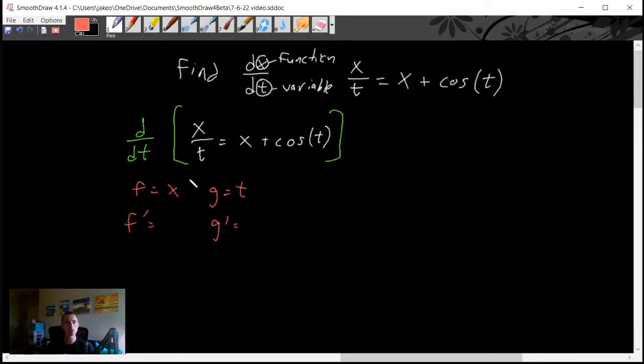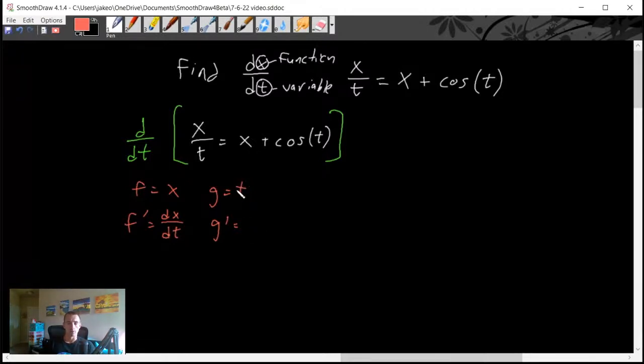If x is an unknown function of t and we take the derivative with respect to t, the derivative of x is just going to be the derivative of x with respect to t. dx dt literally just means the derivative of x with respect to t. We don't know x, so we can't know x's derivative either, but we can say the derivative is dx dt. Okay?